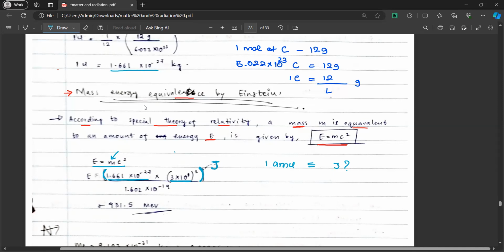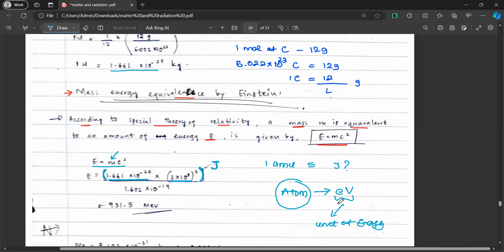But when we are dealing with the nucleus or with the atom, it will be very, very easy for us if we deal with it in electron volt. Can you remember, electron volt is also a unit for energy, right? It is also a unit of energy.